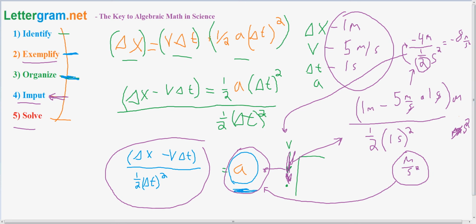This works for virtually all math-based algebra, such as chemistry, physics, and whatnot. And all you have to do is follow these 5 steps. Identify, find an example to see kind of how the equation's done.